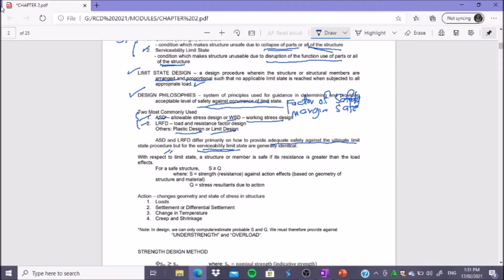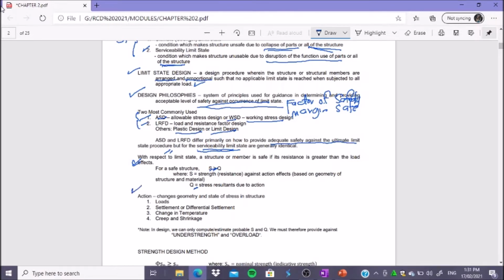With respect to limit state, the structure or member is safe if its resistance is greater than the load effects. Actually, ito yung safety requirement natin. So generally, we designate the total strength or resistance against action effects based on geometry, structure, and material as S, and Q, the stress resultant due to action.